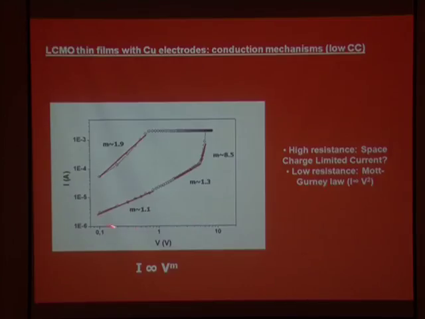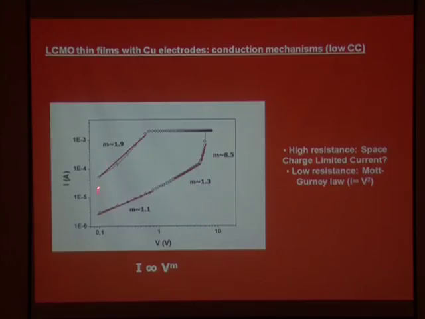Checking in the literature, we believe that the high resistance mechanism may be related to a space charge limited current mechanism, while the low resistance level follows a quadratic law, a slope in log-log scale of about 2.